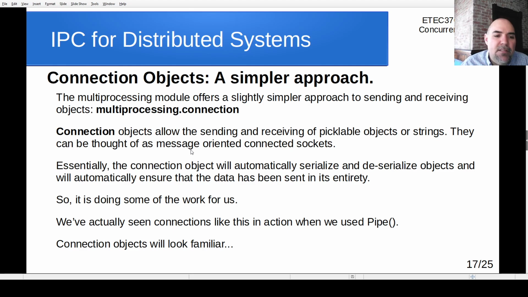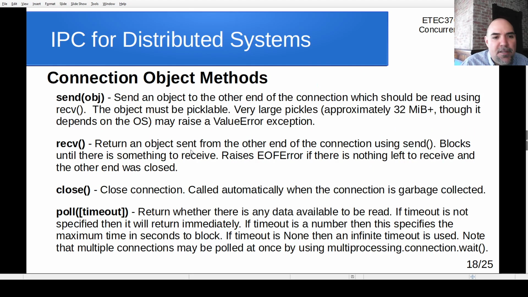All right, so we've seen connection objects before with Pipe, so those are going to look familiar. Let's take a look at the methods for a connection object: send and receive. With send, you put an object in, and on the other end of the connection, receive is going to have that object pop out. Close when we're done with it. Poll can tell whether there's any data to be read, whether there's an object in there ready to do something.